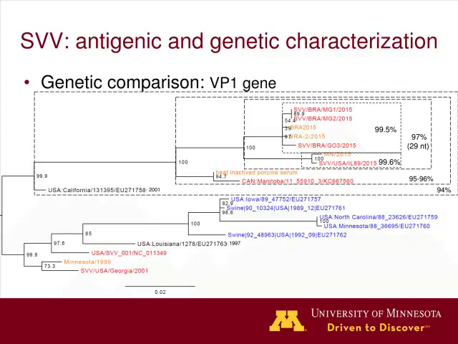We got 97 between the US and the Brazilian, and 29 nucleotides. Is that a lot? Is that few? We're still struggling to answer that question yet. And 95 and 96% with the 2011 isolates, and 94% with the 2001 reference isolate, or the California isolate, which is one of the feral pigs type of isolate.